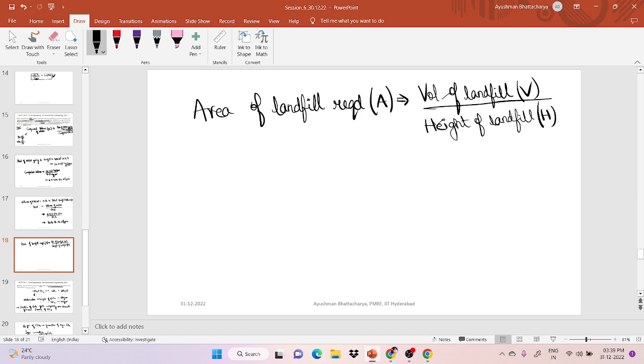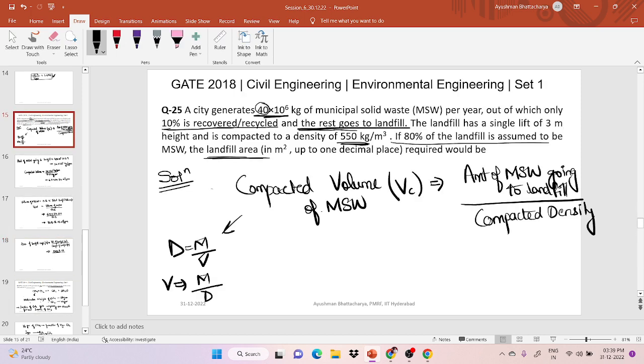Now the volume of the landfill we calculated as 81818.18 and the height of the landfill they have given in the question as 3, a single lift of 3 meter height. So every word is important in a question.